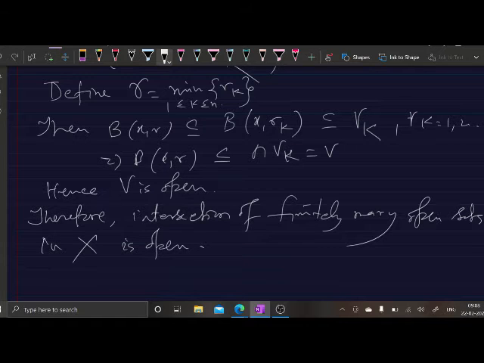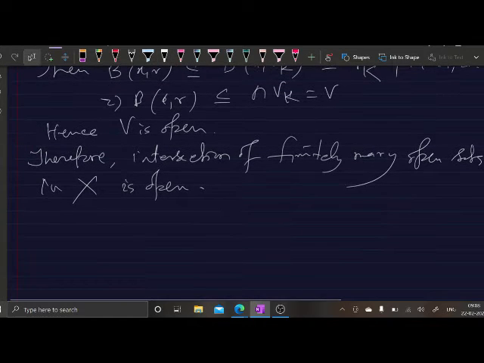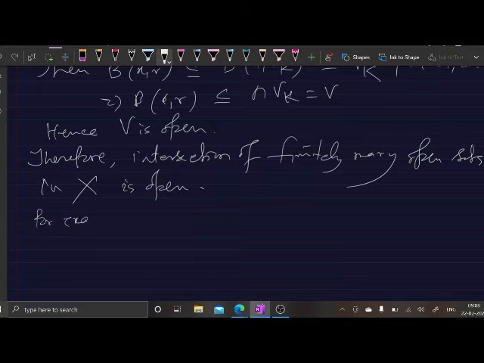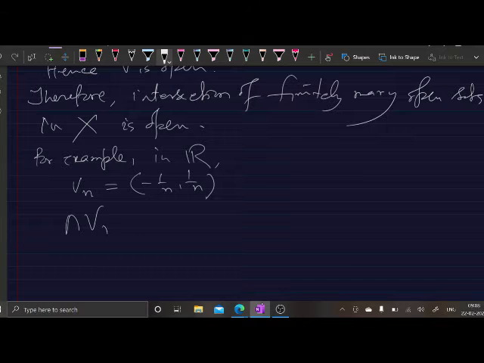If you take an arbitrary intersection, then it is not true, because you can have examples. For example, in R, just take V_n, this one, then their intersection is, what is the intersection?